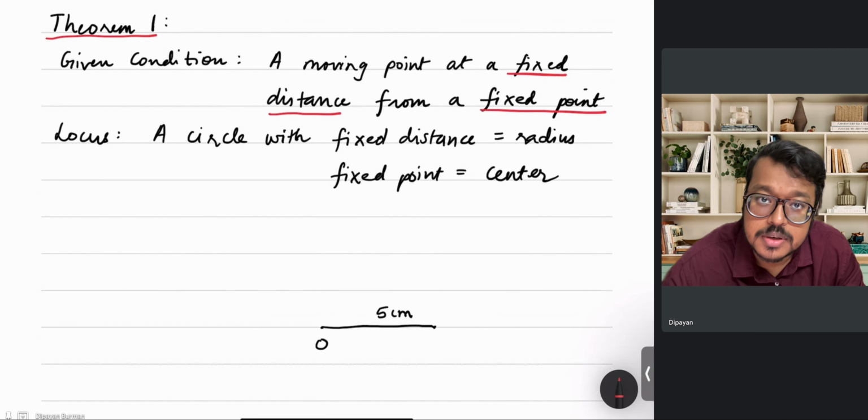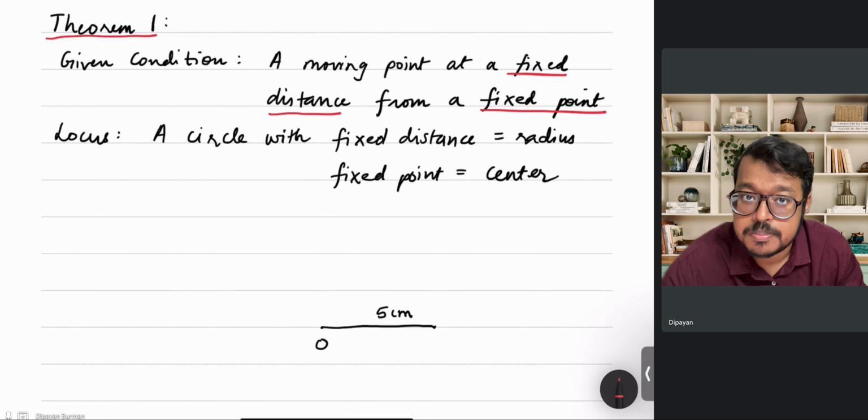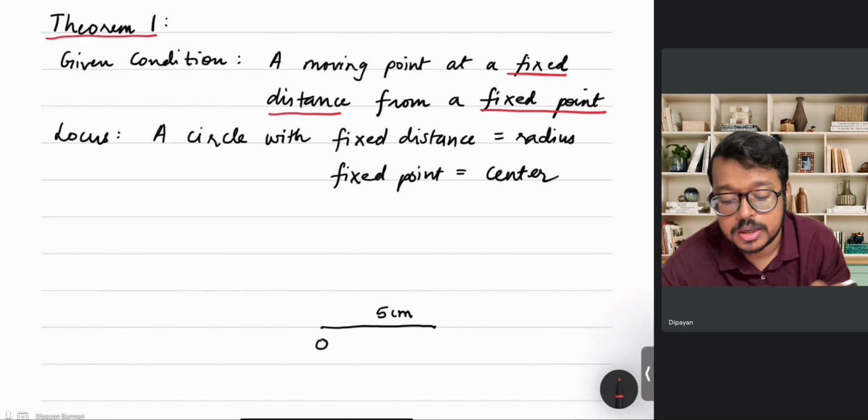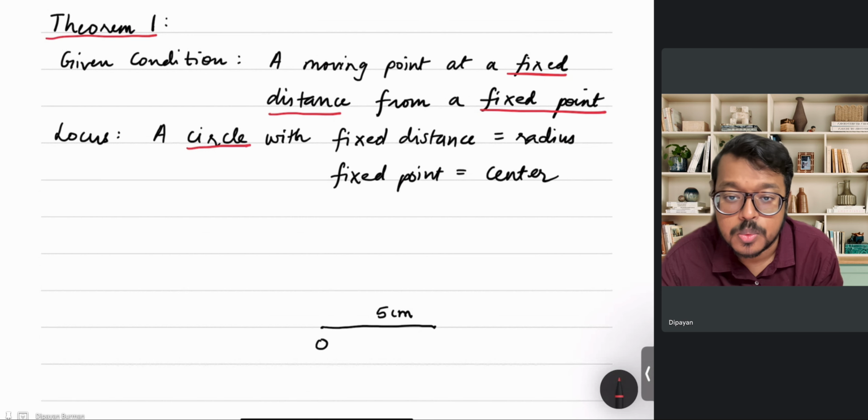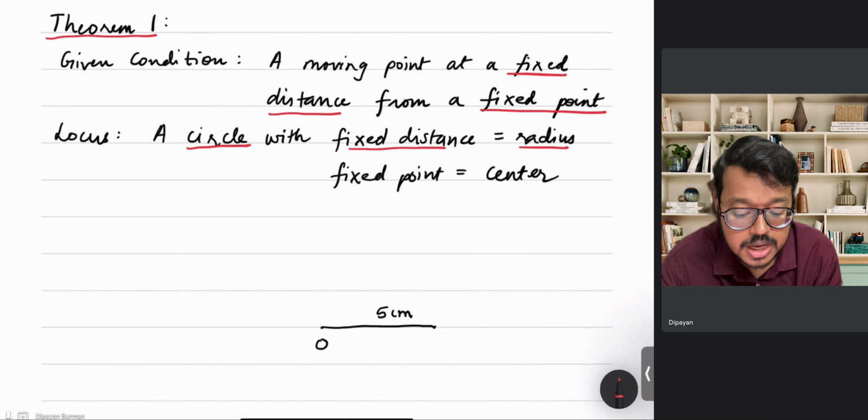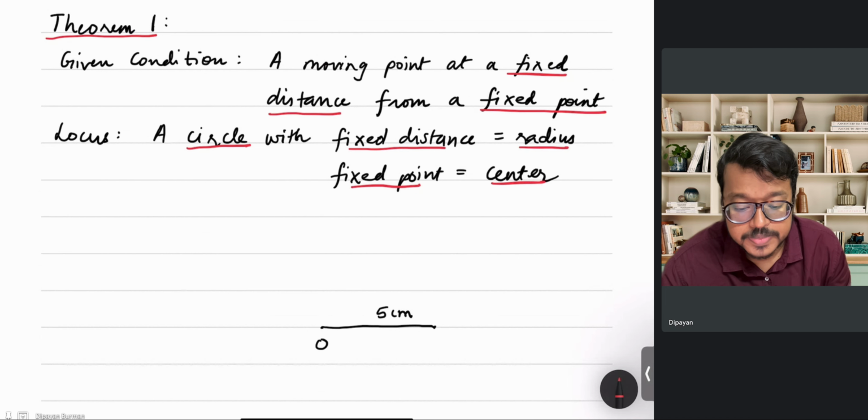According to the theorem, the path of that moving point will be a circle where the fixed distance is the radius of the circle, and the fixed point in the condition is the center of the circle.